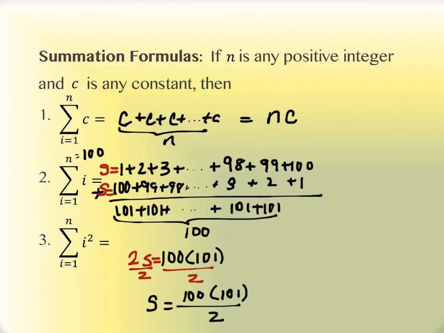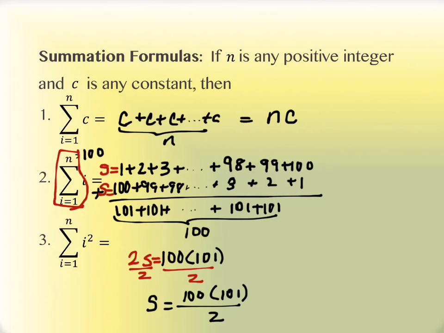Well, why am I getting the 100 and the 101? What about this did I change from the original problem that I started with? This is what we're looking for, correct? Well, we let n equal 100 to start with, didn't we?